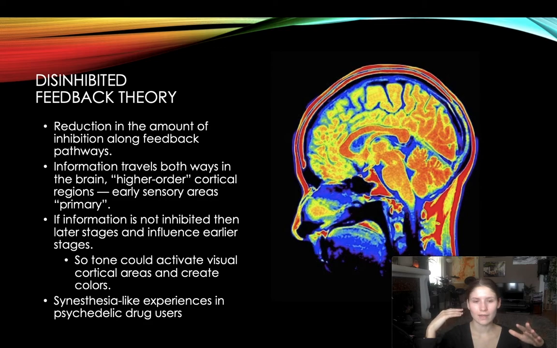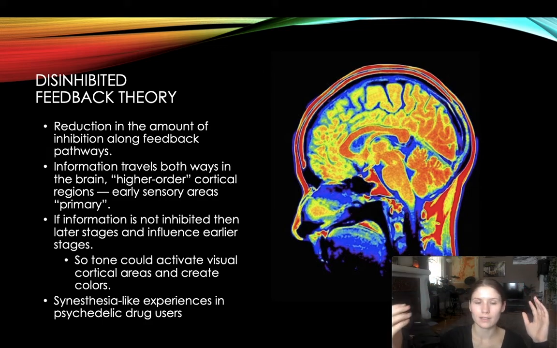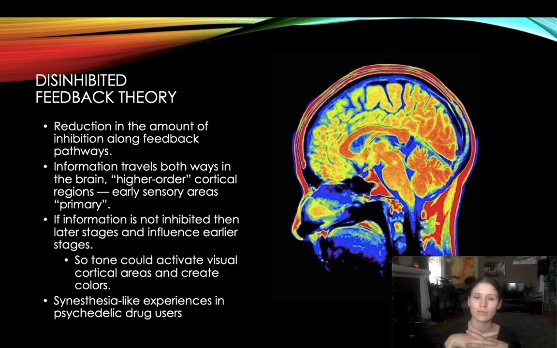And we know that it not only goes that way, but it can also go the other way. So if information is not inhibited the way it should be, then higher-order experiences can affect these primary earlier sensory areas. So a tone could activate a visual cortical experience and create colors.